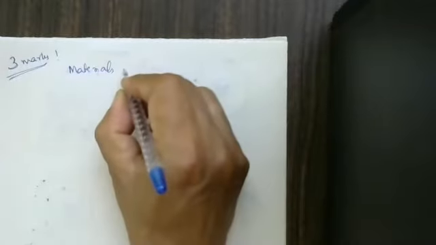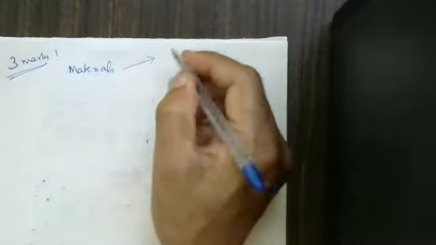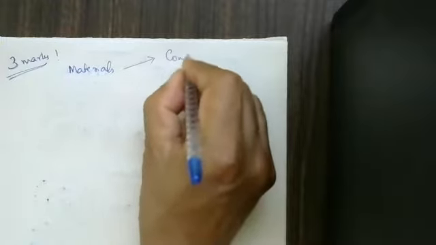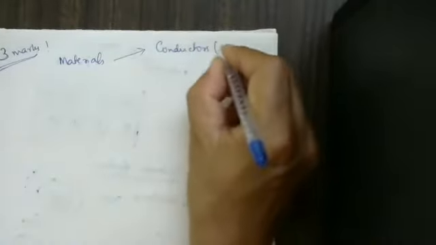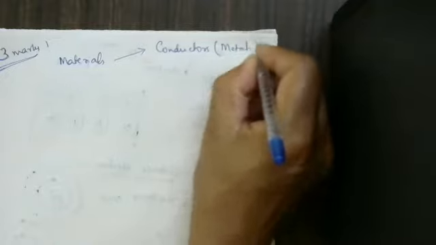Any material or substance can be divided into 3 categories. One is conductors, which can easily conduct electricity and easily conduct heat energy. Usually we consider these as metals. Metals are good conductors of electricity and good conductors of heat energy.